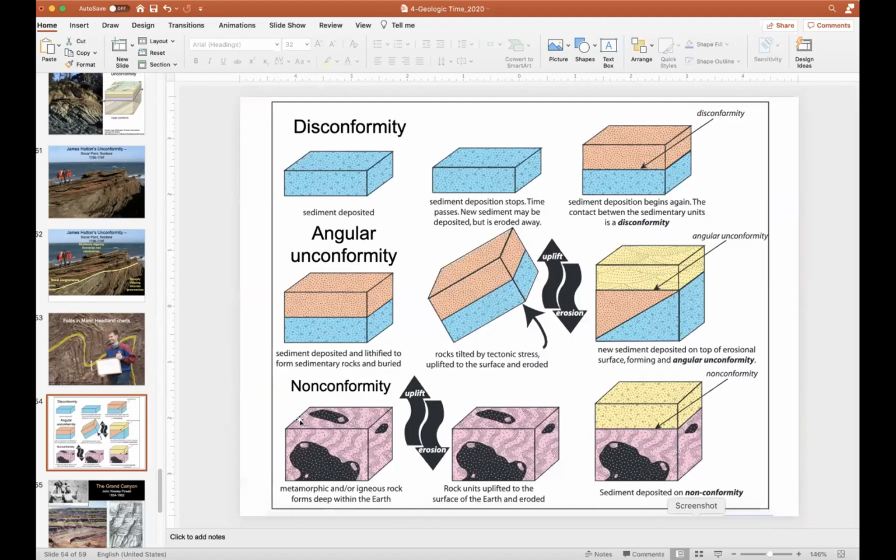And that's really it. I'll leave you with this diagram, just to show some different kinds of unconformities. I showed you some real life examples of angular unconformities. So these two units are tilted, and then the unconformity is here, and then another unit deposited on top.